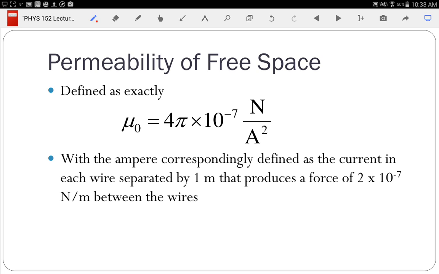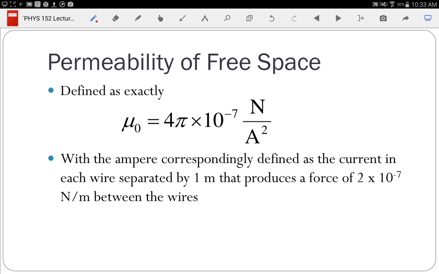The definition for the ampere is that if you have 2 wires separated by 1 meter, then the force acting on each wire is going to be 2 times 10 to the minus 7 newtons per meter. So you just adjust the current and measure the force until you get that, and then you have an ampere.